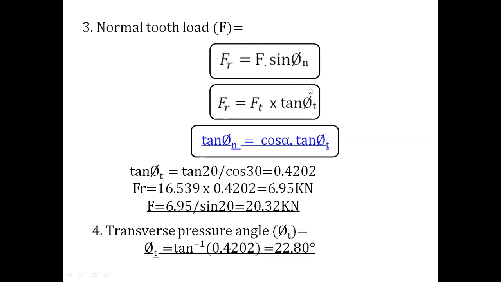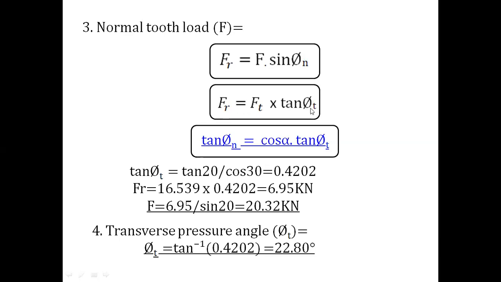I will share the link of the session in which we derived all these formulas. Okay, so Fr is equal to Ft, which we have already found out, tan phi t, and phi n is given. But phi t is again unknown, so Fr is again unknown. Two unknowns are there.